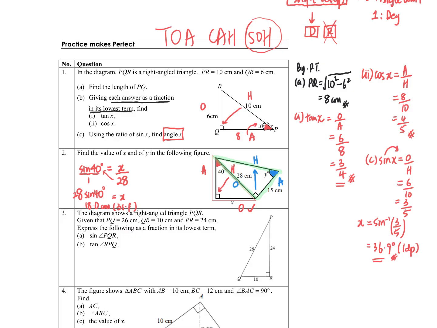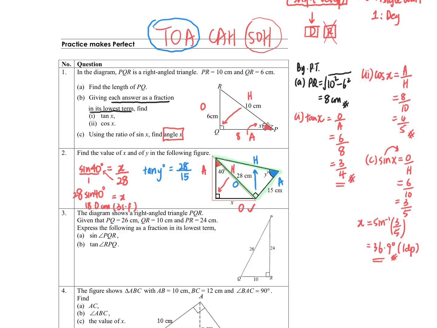So you ask yourself, you want to find the unknown angle, you need both ratio of the sides to be known to you. So I have O, I have A. Which ratio should I use? Tangent, because it's O and A. So tangent of the angle Y is equal to opposite over adjacent.